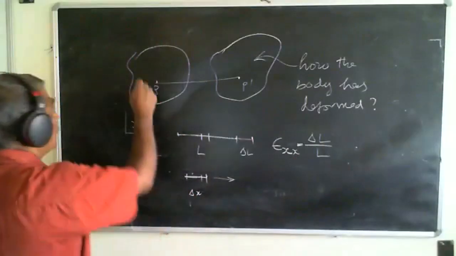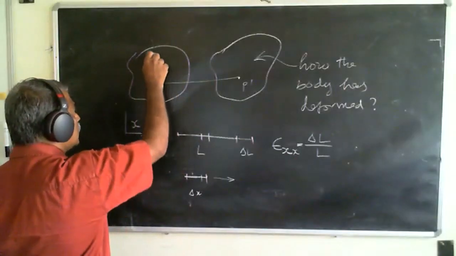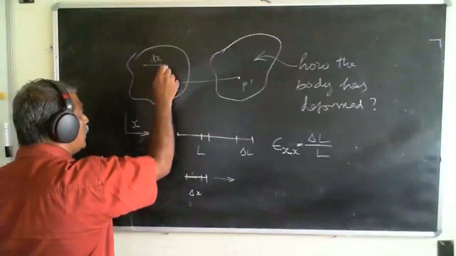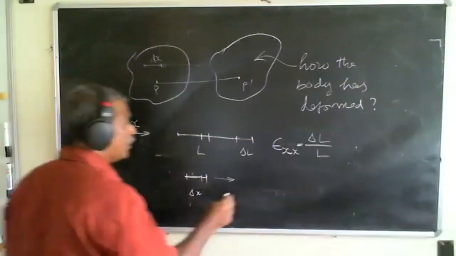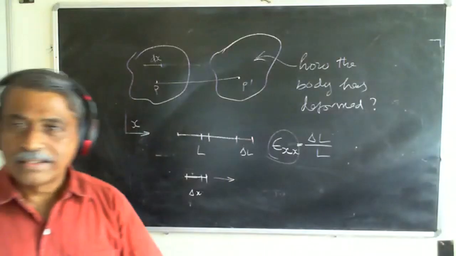Or in other words, if I have a line that I have taken over here, which is dx, and I'm looking at the strain in the direction along this, then I'm looking at epsilon xx. Is this clear to you?